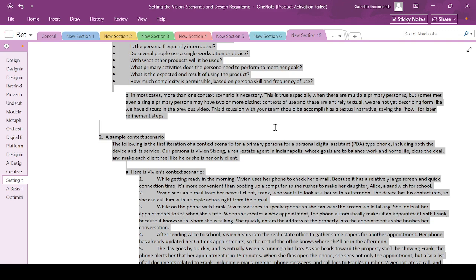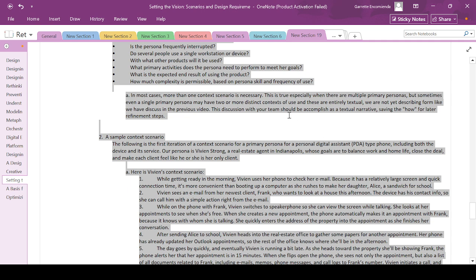As we discovered in the previous video, a persona is actually more complicated than people might think, which makes their interaction with complex software more complicated.